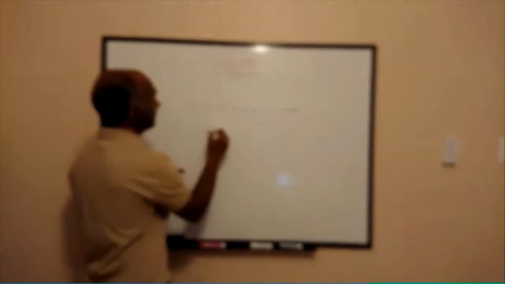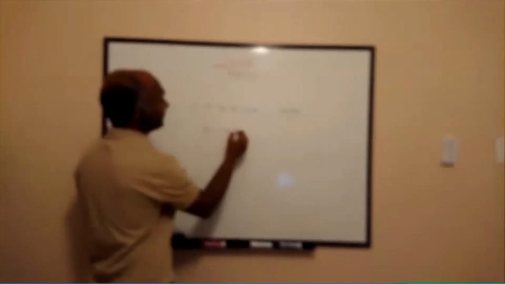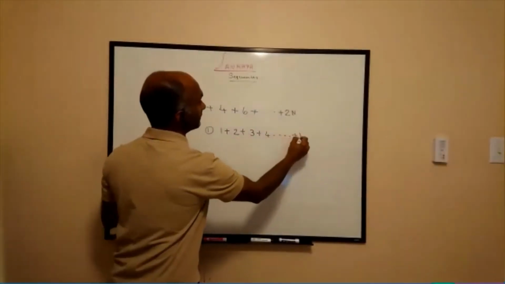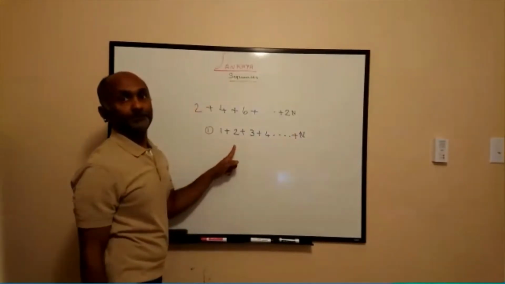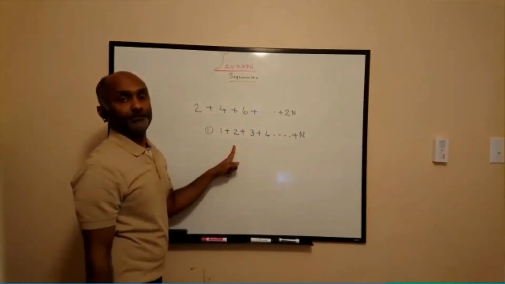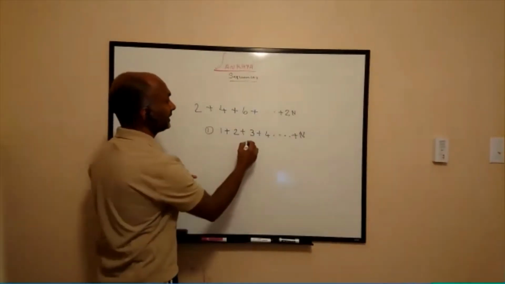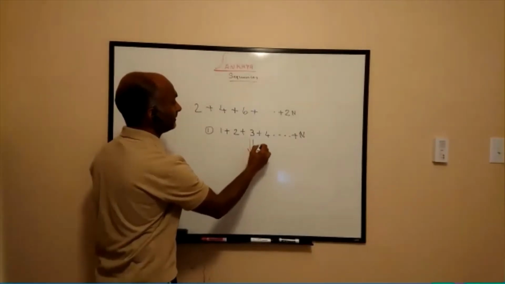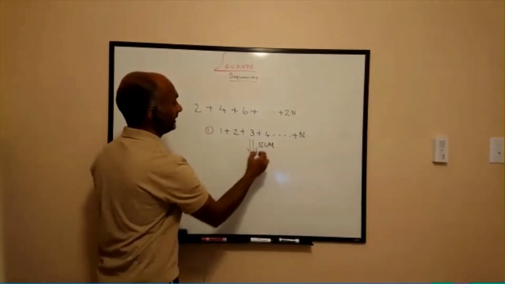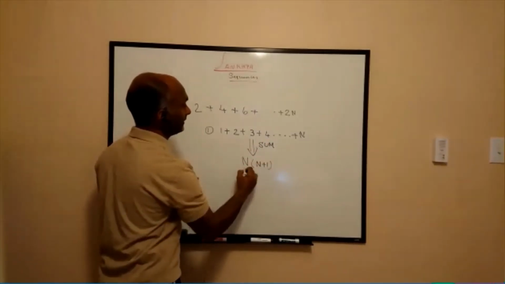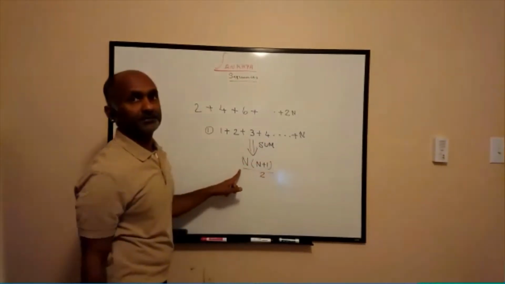One was what is the sum of numbers like this? And we learned that the sum is n times n plus 1 by 2. You remember?